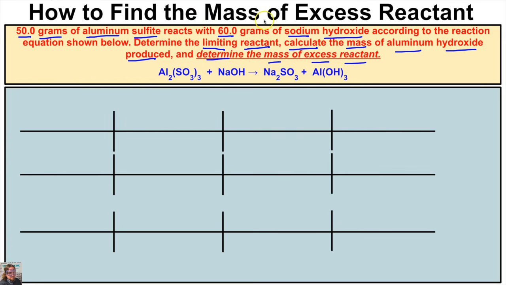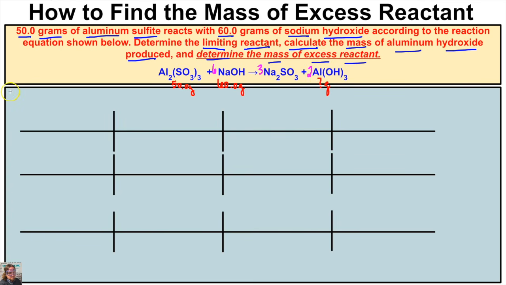The very first thing we're going to have to do is balance our chemical equation. So let's go ahead and balance the chemical equation. Our chemical equation is now balanced. And so, if we read this question, we have 50.0 grams of aluminum sulfite reacting with 60.0 grams of sodium hydroxide, and we need to figure out, as it says in the question, the mass of aluminum hydroxide that will be produced.